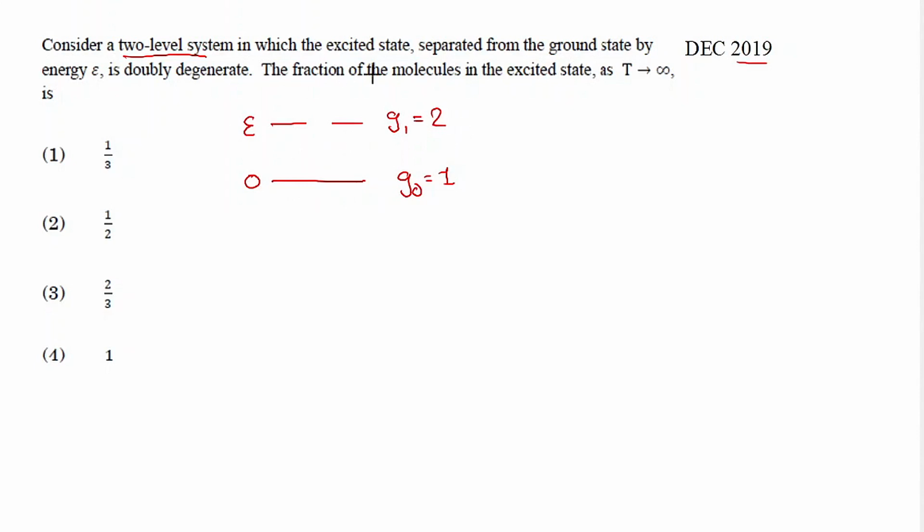Now we have to find the fraction of molecules in the first excited state as T tends to infinity. Now this can be done in two different manners. First is the logical way. So at T tends to infinity, we know that all the states are equally accessible.